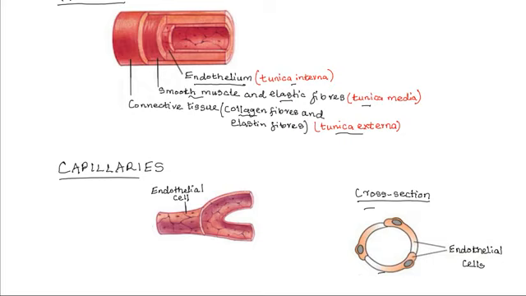This provides the least distance for exchange of substances between the blood and the surrounding tissues. Now, capillaries are numerous and are very close to the tissues in such a way that each cell is near a blood capillary. This is important in promoting efficient and rapid exchange between the blood and the surrounding cells.